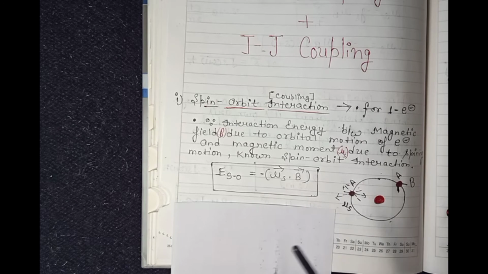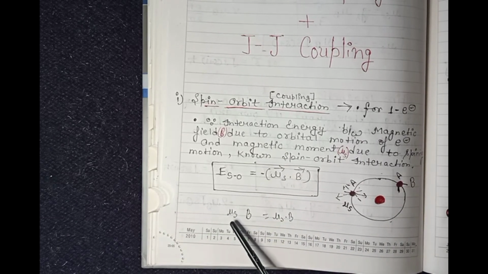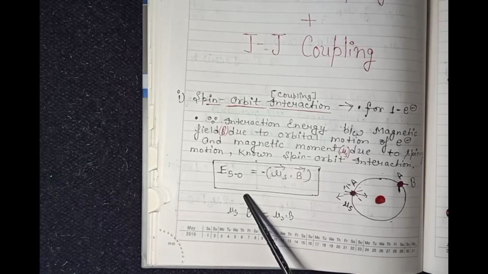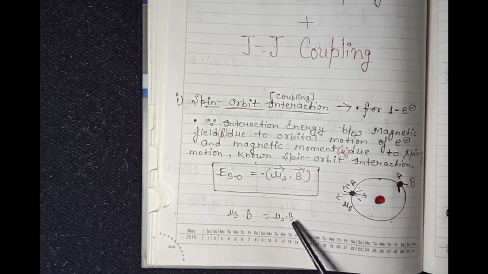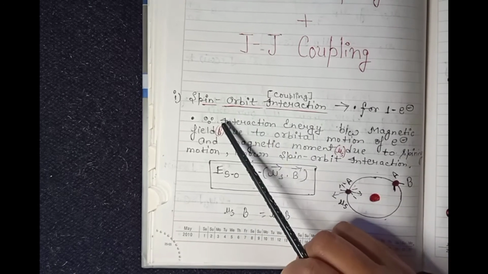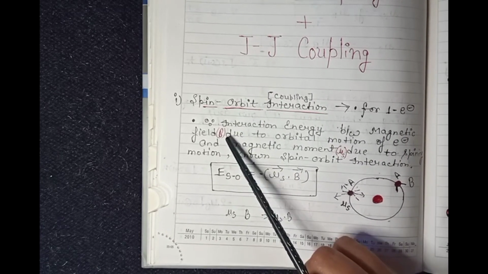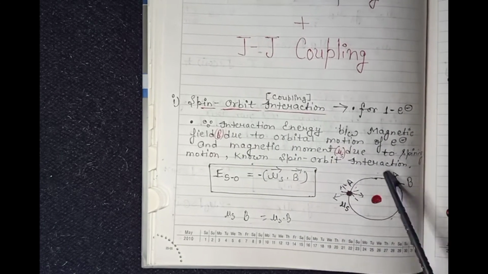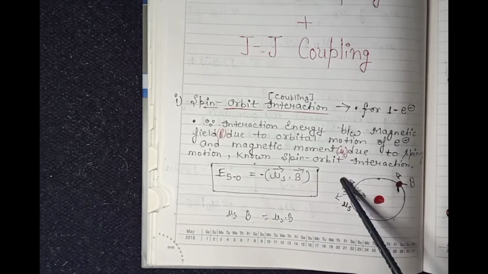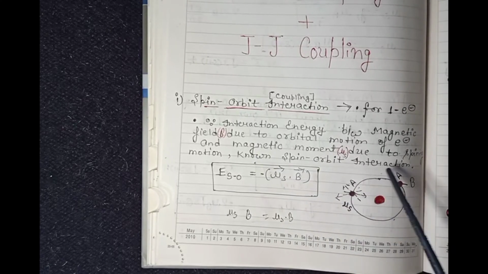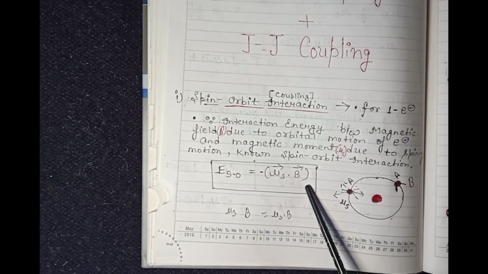When any charged particle comes in a magnetic field B having magnetic moment mu s, then the interaction energy created among them is equal to minus mu s dot B. So what I have written here is the interaction energy between magnetic field B due to orbital motion of the electron and magnetic moment mu s due to spinning motion, known as spin orbit interaction, and this interaction energy is equal to minus mu s dot B.